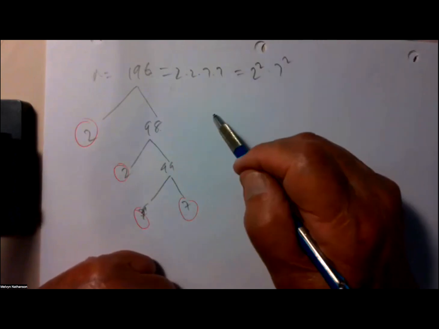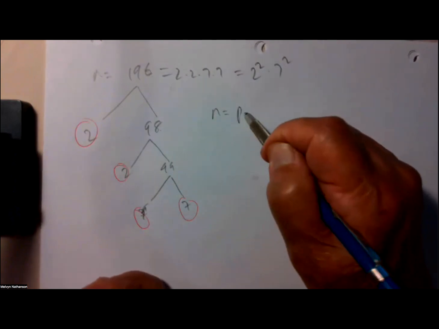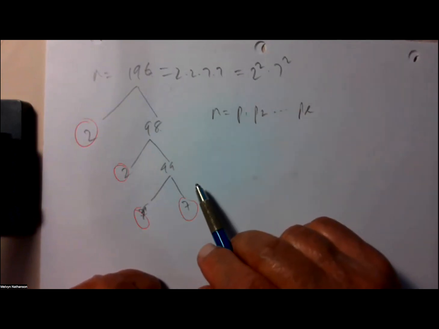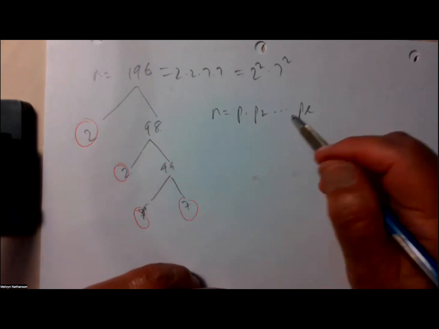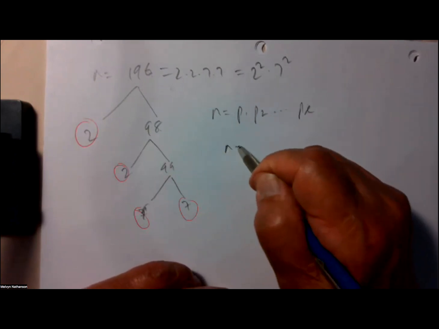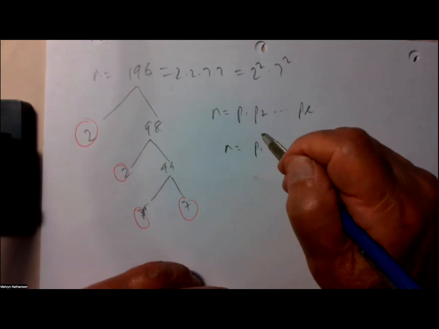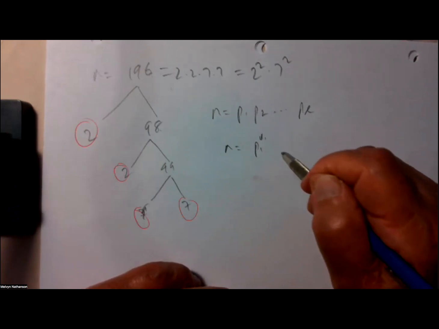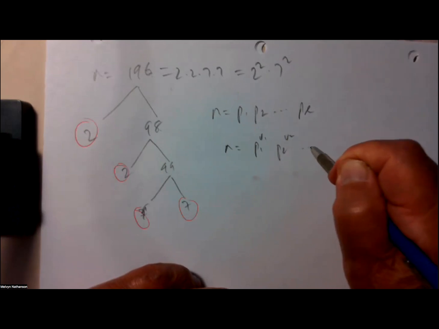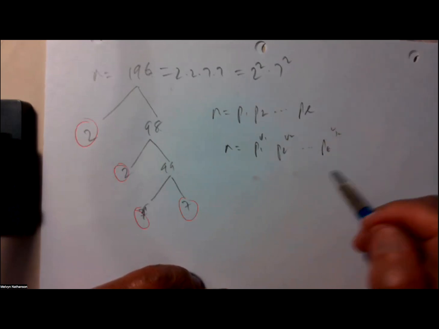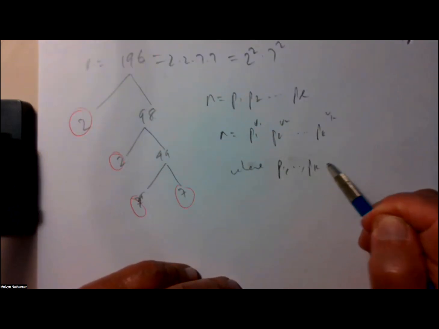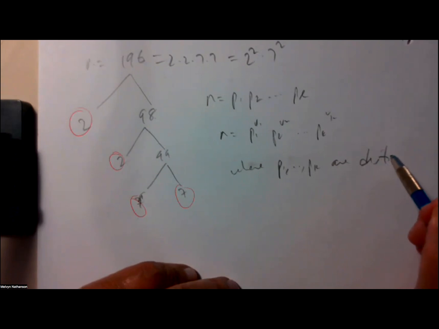In general, if you write n as a product of primes, they're not necessarily distinct. Suppose you have k different primes in this group, you would normally write this as p1 to some power v1, p2 to some power v2, up to pk to some power v sub k, where p1 up to p sub k are distinct primes.